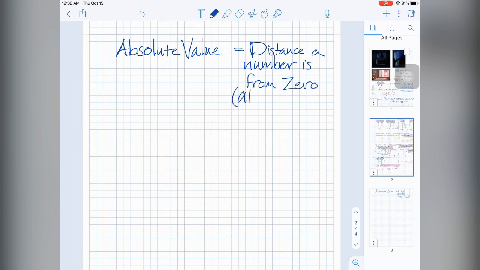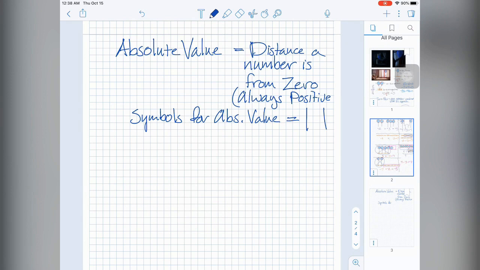And it is always, I'm going to write this note, it is always positive. So the symbols for absolute value are two vertical lines like that.